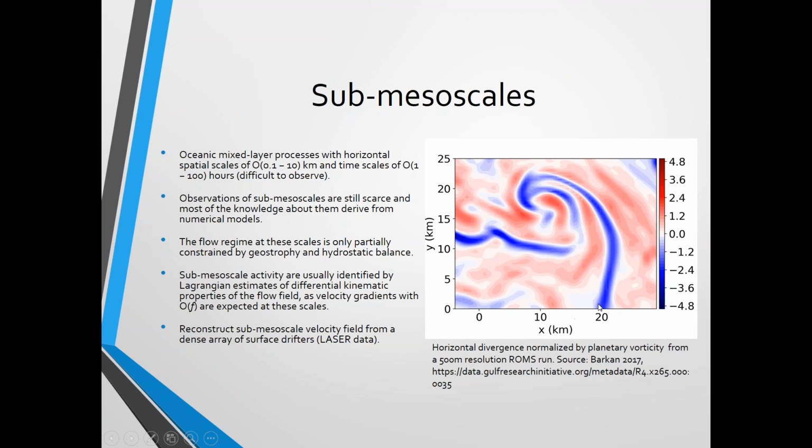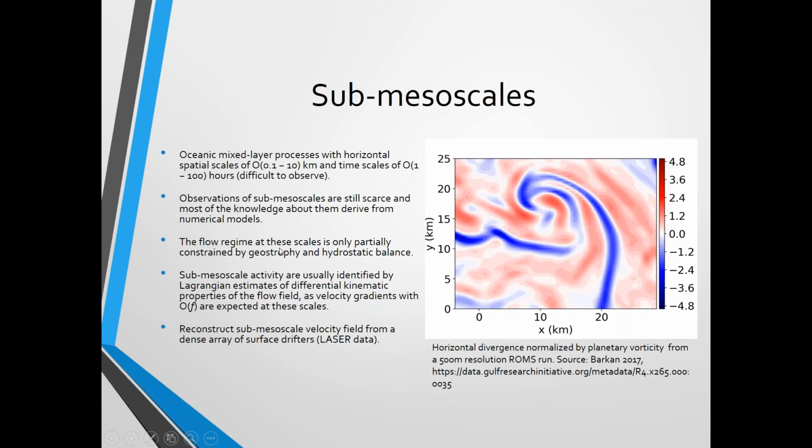And you can see here a strong convergence area, which is indicative of strong vertical velocities in the mixed layer, which is believed to affect transport and mixing.